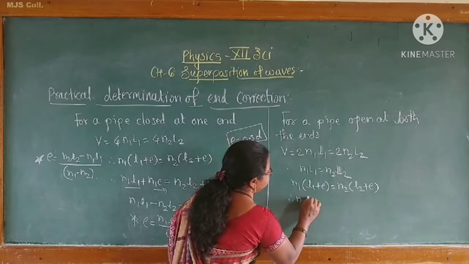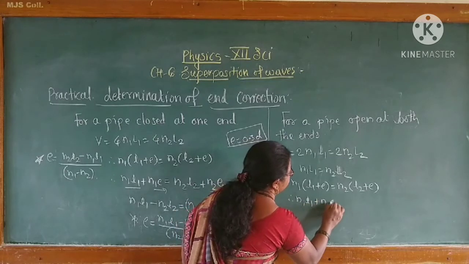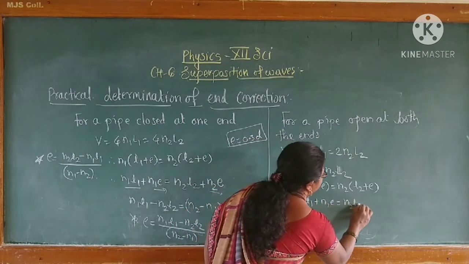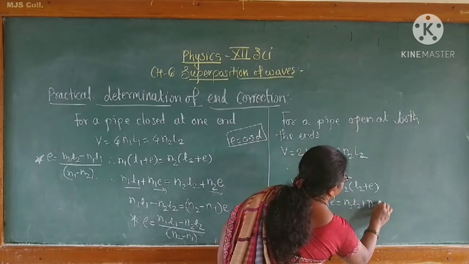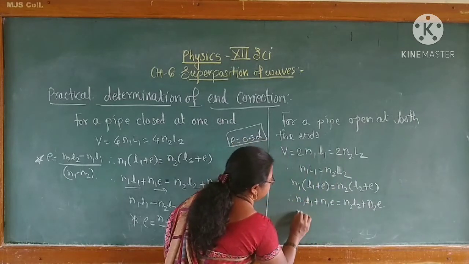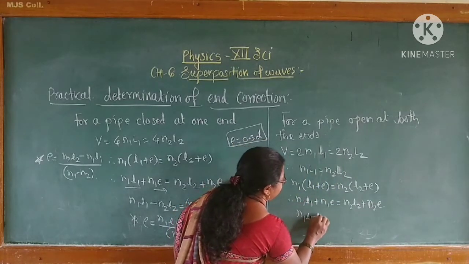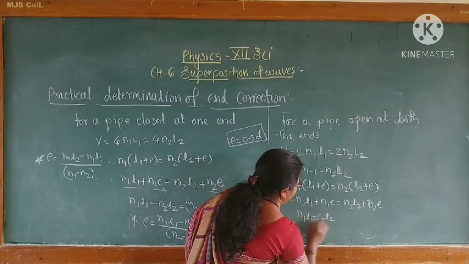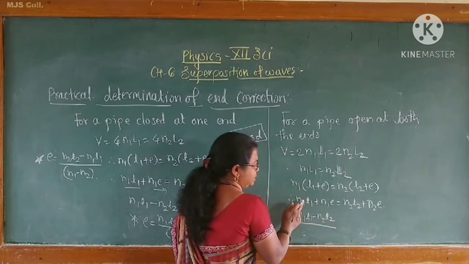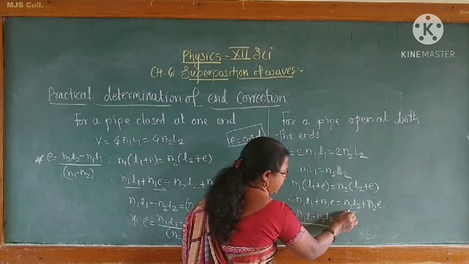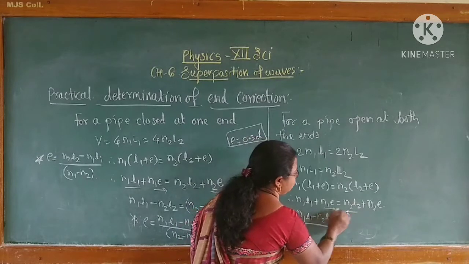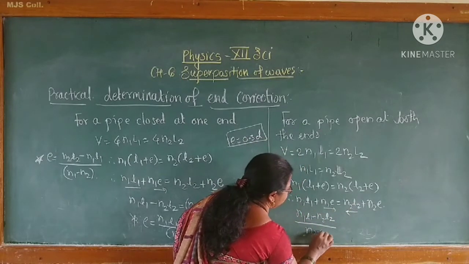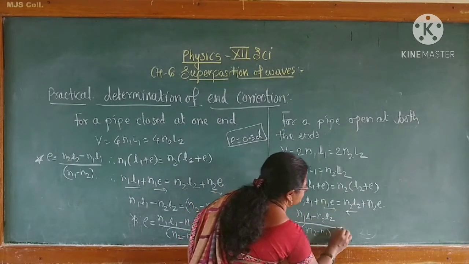Therefore N1 l1 plus N1 E is equal to N2 l2 plus N2 E. Once again, (N1 l1 minus N2 l2) divided by (N2 minus N1) is equal to E.